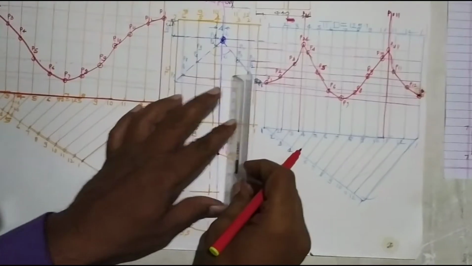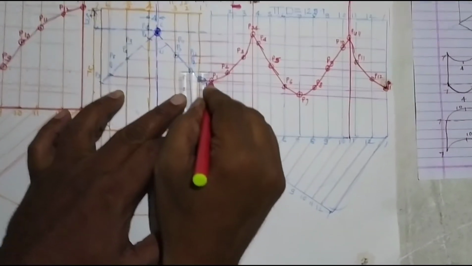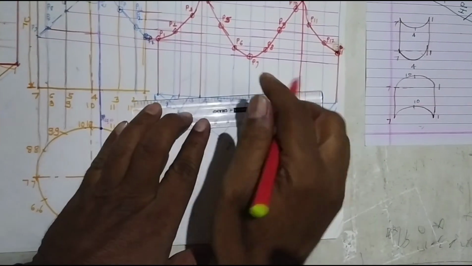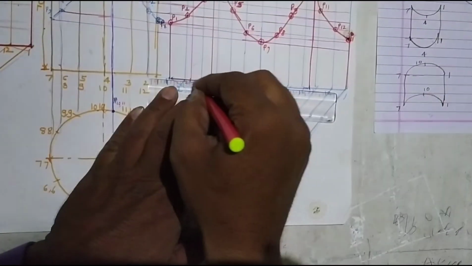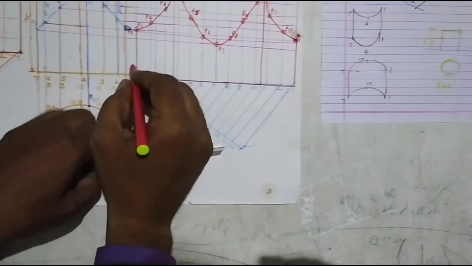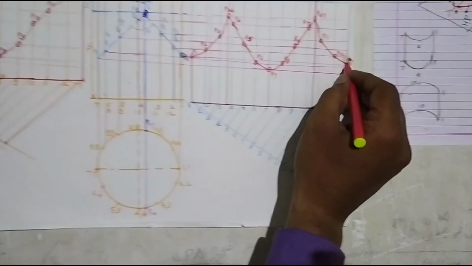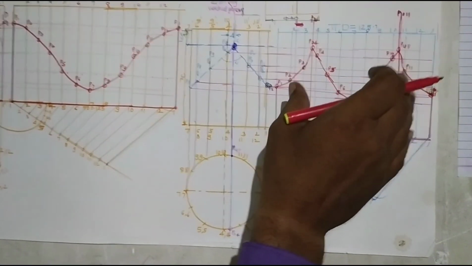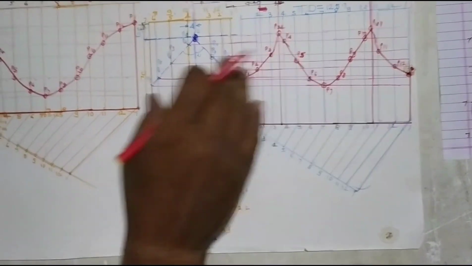Now I draw this vertical line with the scale, in the red color. This is the base of the cylinder. This red outline shows the required development or blank for this shape.